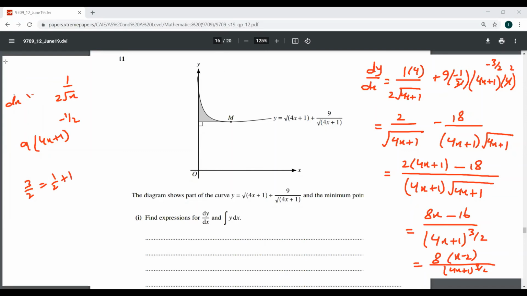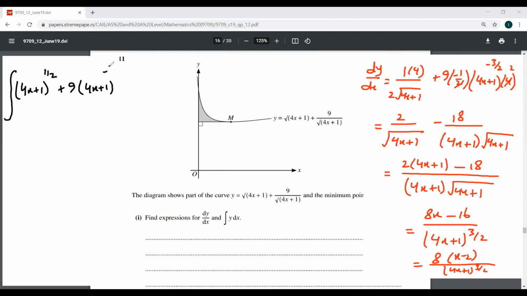Next, I have to integrate this. So for integration, I'll be writing this as 4x plus 1 raised to power half, and plus 9 into 4x plus 1 raised to power minus half.